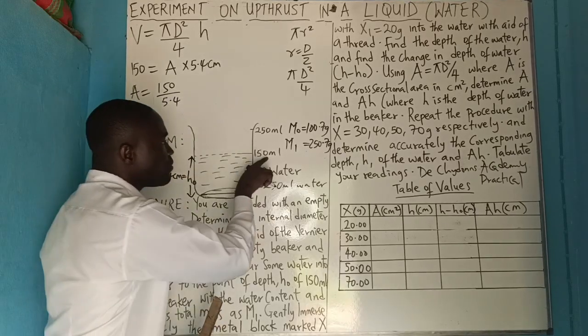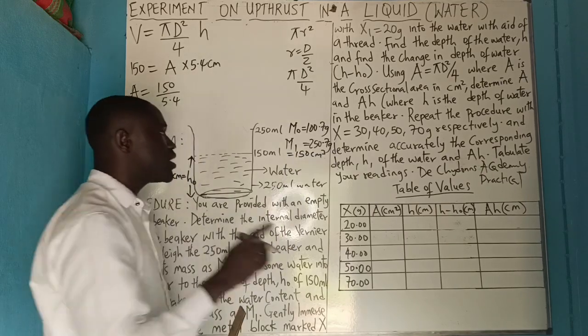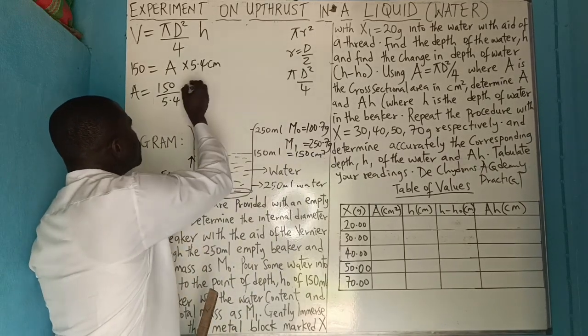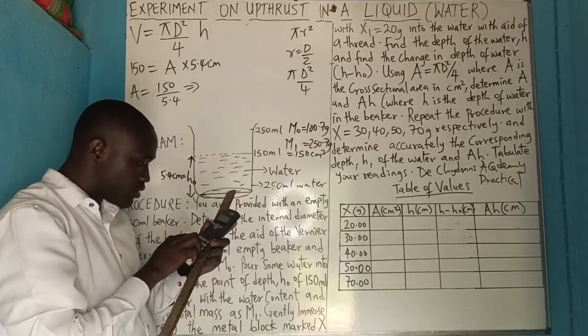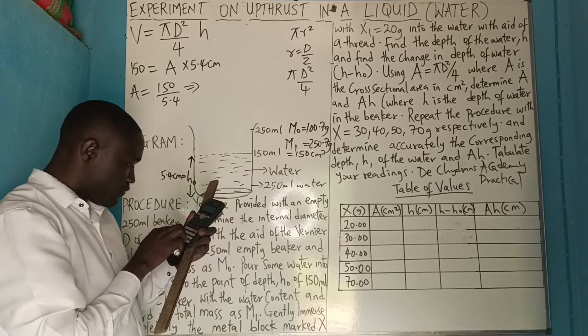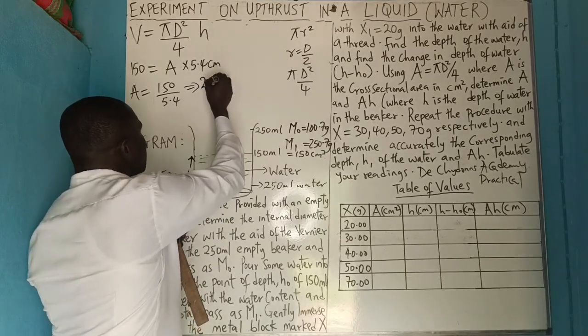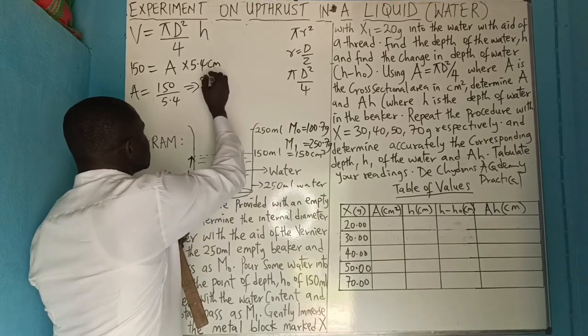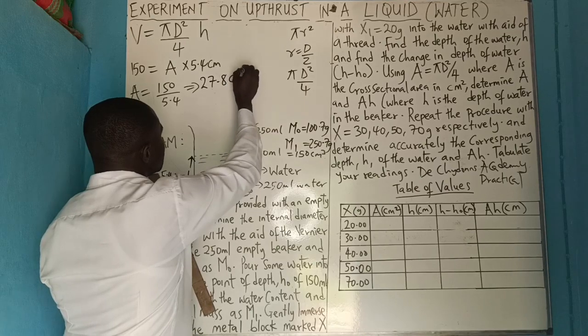We say 150 ml is equal to 150 cm cube, because 1 ml is 1 cm cube. So when you compute this with your calculator, we have 150 divided by 5.4. That will be giving you 27.8 cm cube.